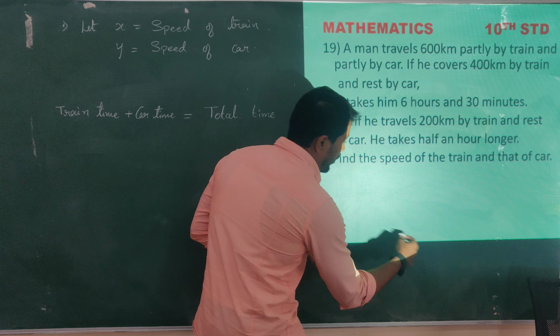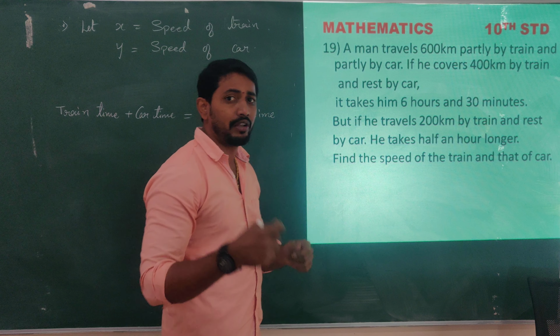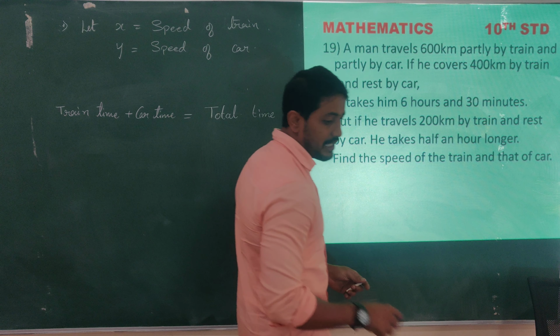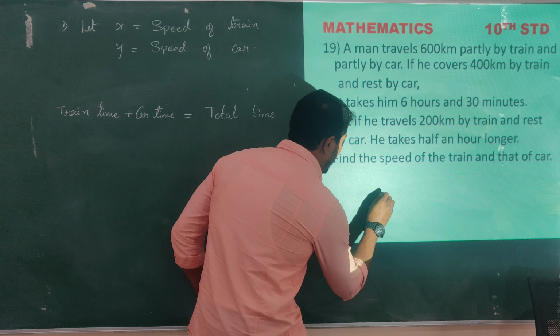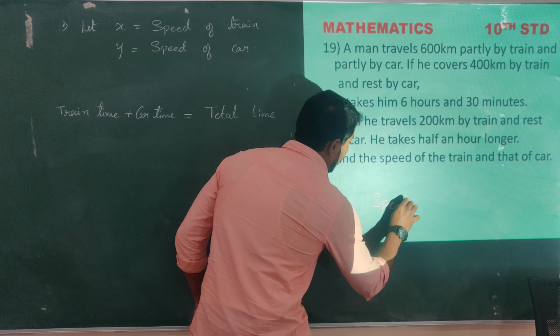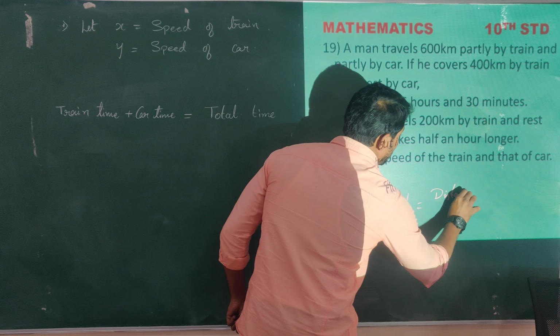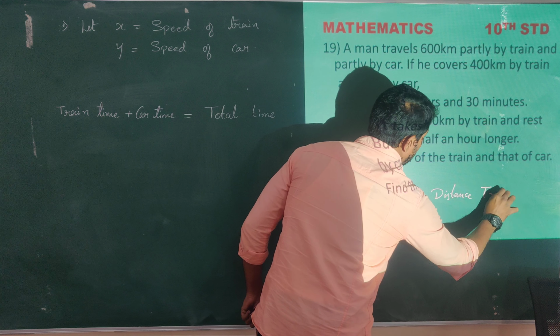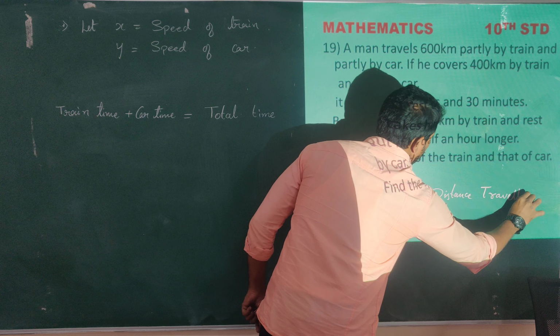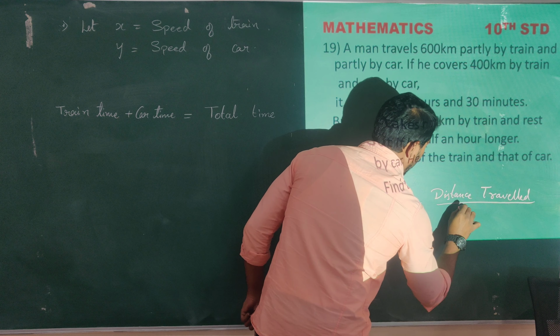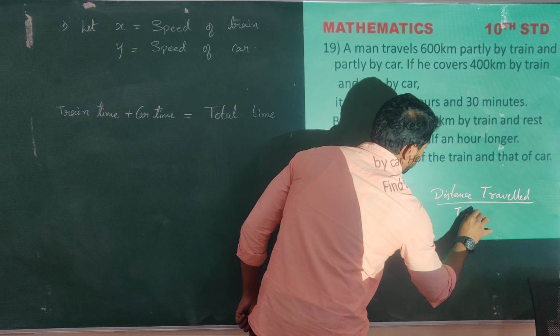Before moving to the time formula, we are familiar with the formula for speed. Speed can be obtained with the help of the formula: distance traveled by time taken.